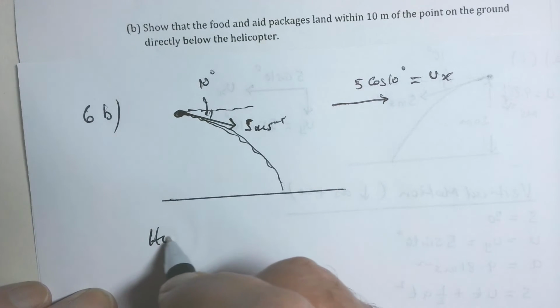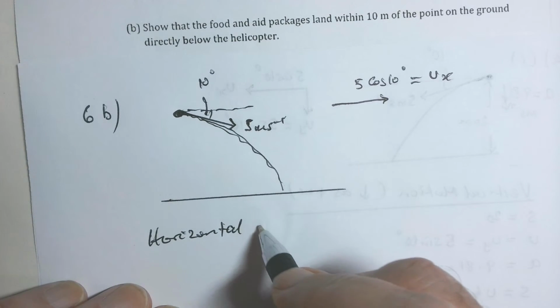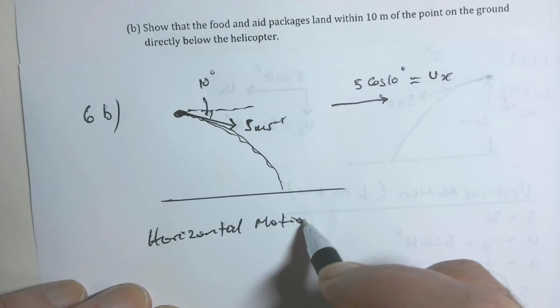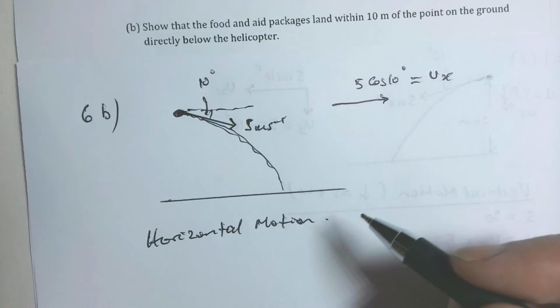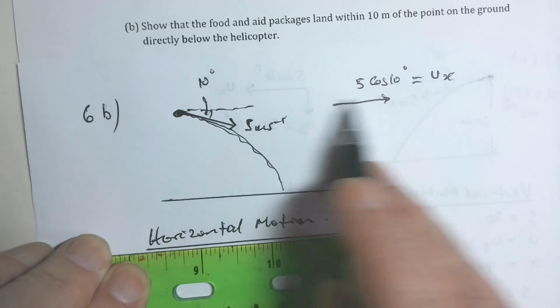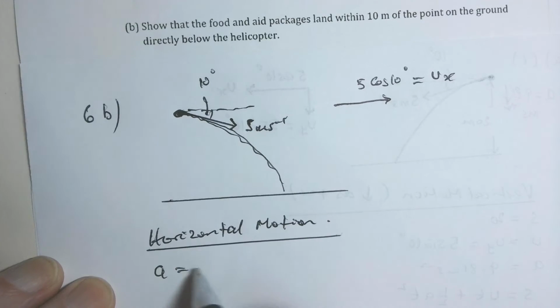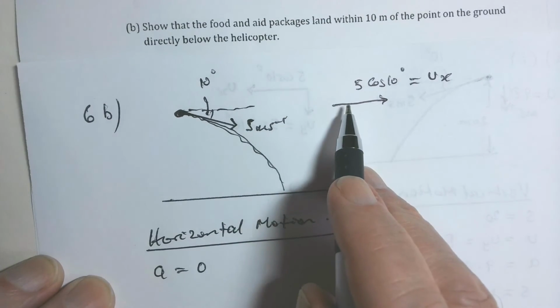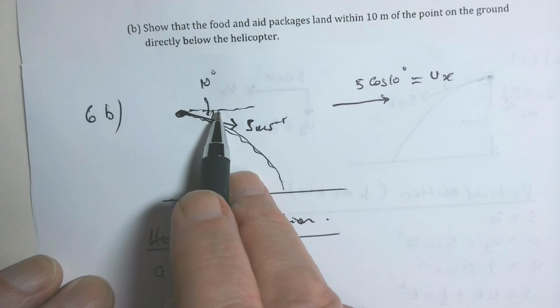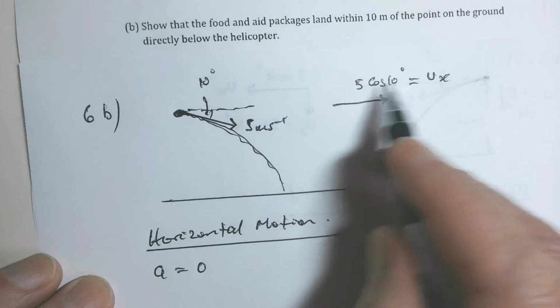So horizontal motion. We don't need to worry about acceleration now because gravity acts downwards. So our acceleration horizontally is 0. What else do we know? Well, we know that it's got an initial velocity of 5 cosine theta.